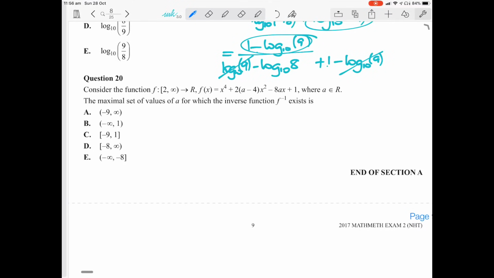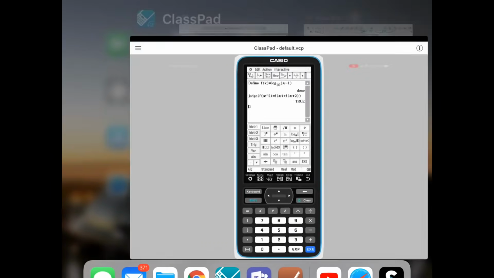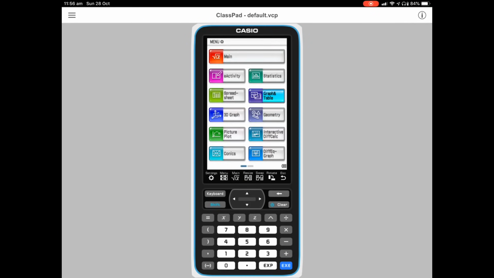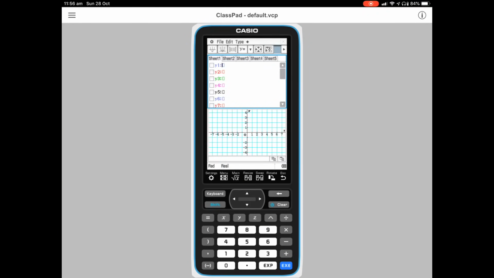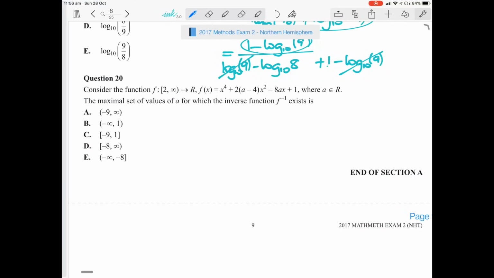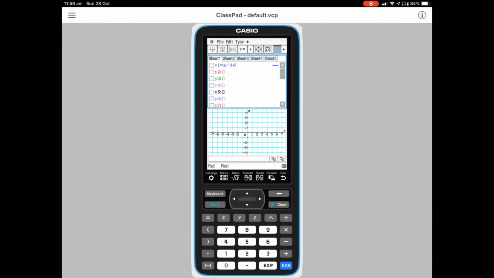Okay, consider the function from 2 to infinity of f of x. Okay, let's put this into the CAS. X to the power of 4 plus 2a minus 4. Is it x cubed?